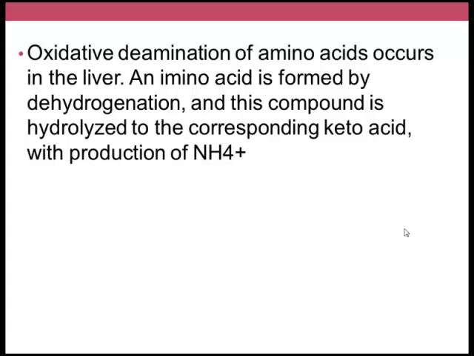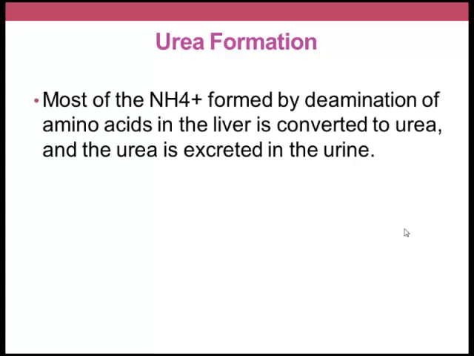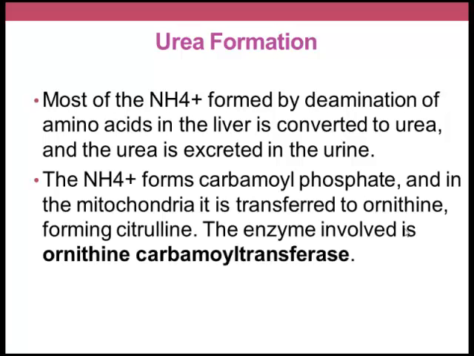Also, oxidative deamination of amino acids occurs in the liver, and in this process an amino acid is formed by dehydrogenation, and this compound is hydrolyzed to the corresponding keto acids with the production of ammonium. A very important process is called urea formation, in which ammonium formed by deamination of amino acids in the liver is converted to urea, and then urea is excreted in urine.